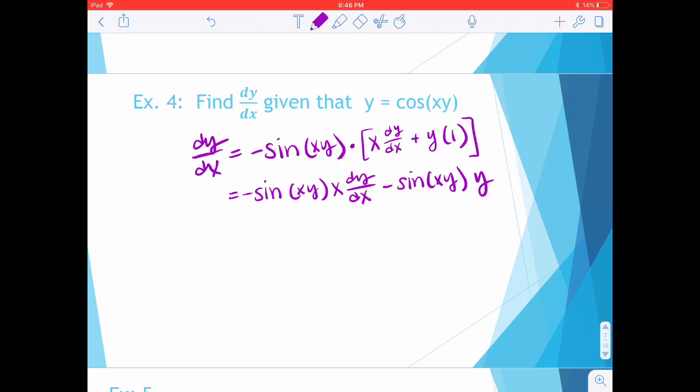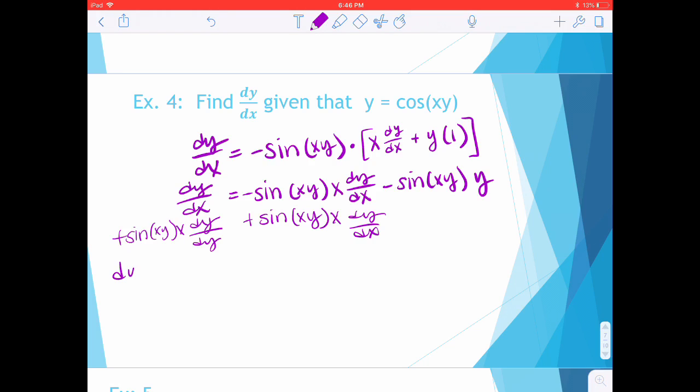Okay, so remember we want to get all our dy/dx's on one side, so I'm going to rewrite this. So we need to add sine xy x dy/dx to both sides. Gonna get a little sloppy. Okay, so when we do that, now we have dy/dx plus x sine xy dy/dx.